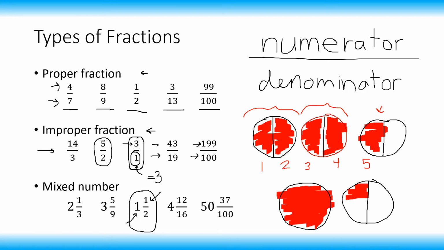We can draw it in like this, just to see visually what this 1.5 looks like. We've got one complete pizza. If you wanted to draw the cut in so that it looks more like the example above, you can do that. But basically we've got one entire pizza, the one on the left, and then half a pizza, which is the extra bit on the right.